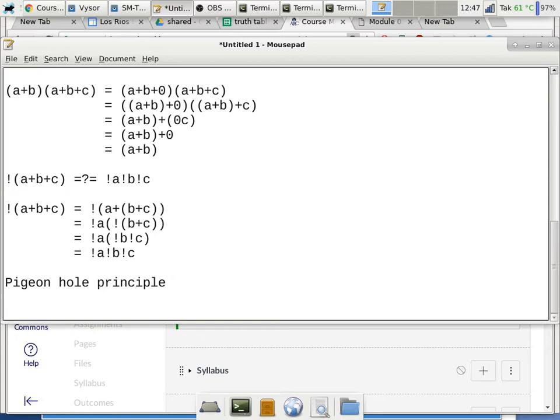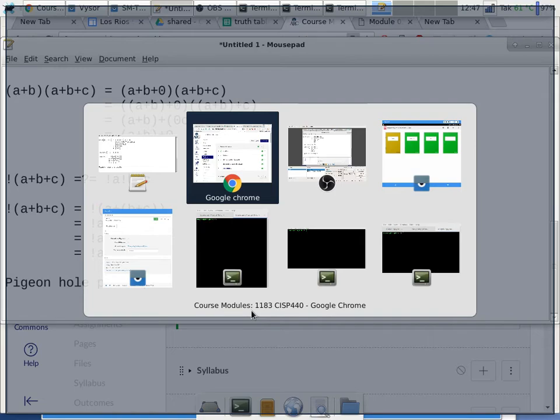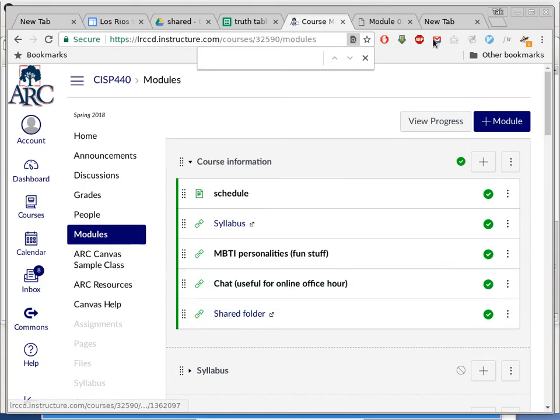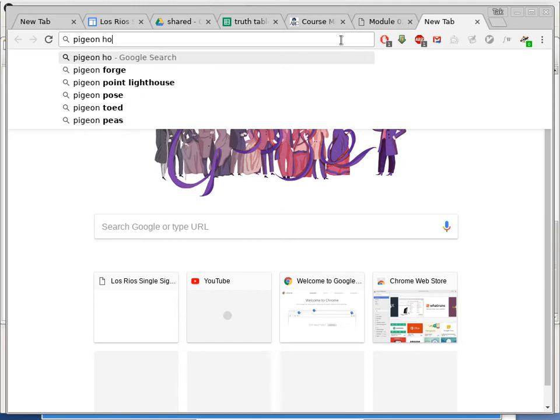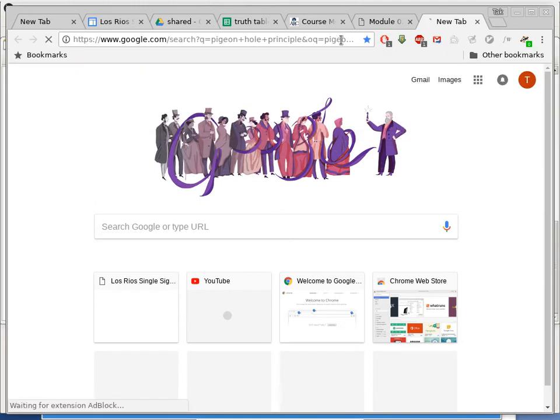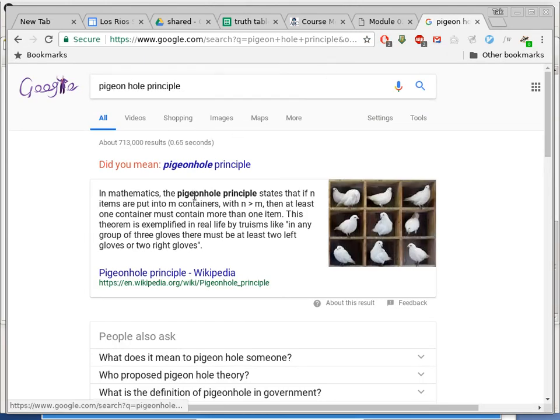Okay, so the pigeonhole principle is really quite simple. It says that, we can look it up. Pigeonhole principle, one word.